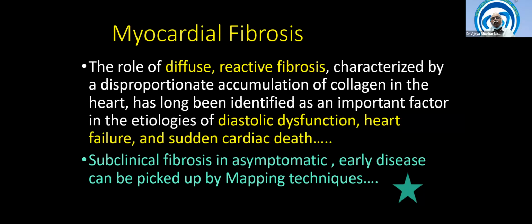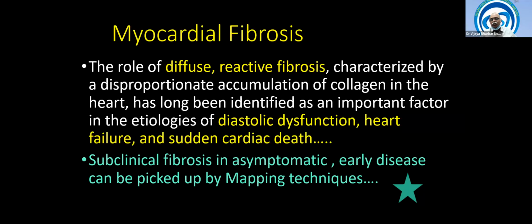So, for example, if you take hypertrophic cardiomyopathy, chronic hypertensive heart disease, aortic stenosis, mitral regurgitation, chronic diabetes, CKD, amyloidosis, sarcoidosis, all these conditions have a long prodromal stage before they develop into heart failure, diastolic dysfunction, or obviously sudden cardiac death.